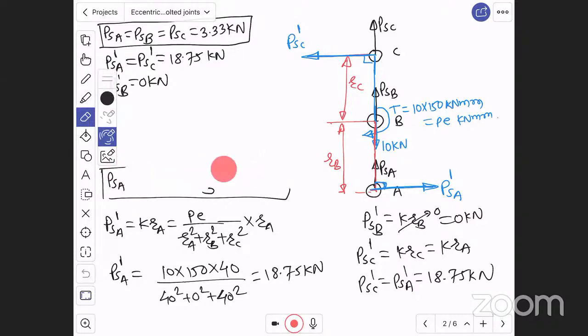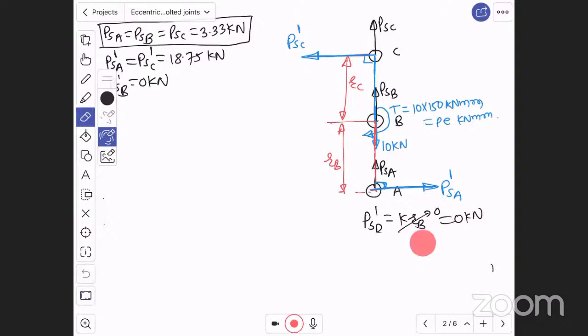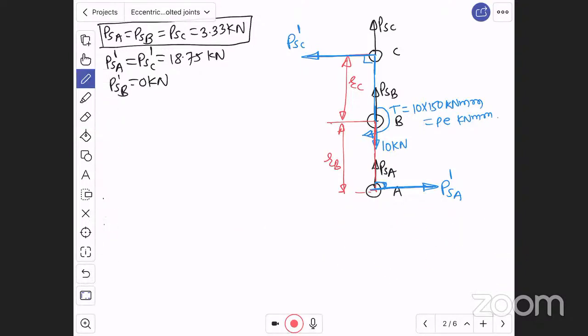Now let us go for the solution. Now what we have to find in the question, our target, is to find the resultant load. Therefore, see here, the resultant load on A. Look at bolt A. On bolt A, the primary shear load is upward and the secondary shear load is towards the right.